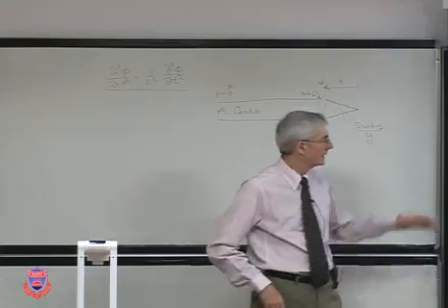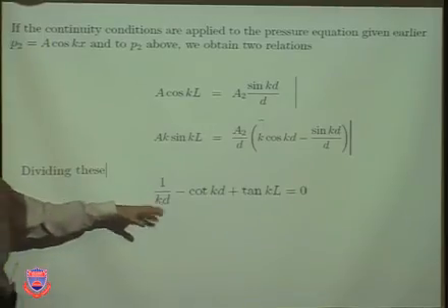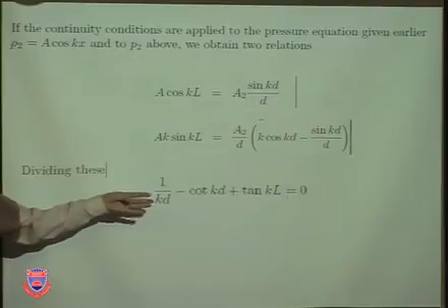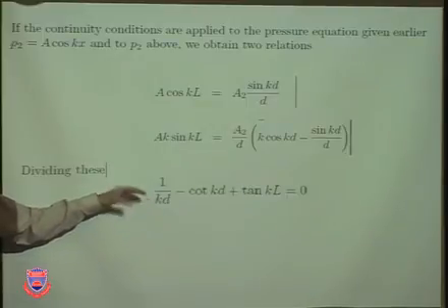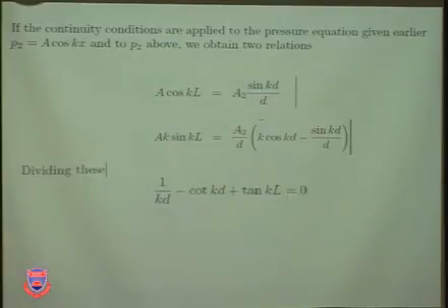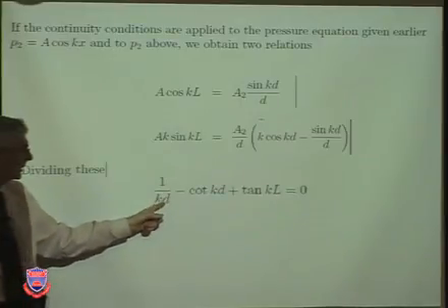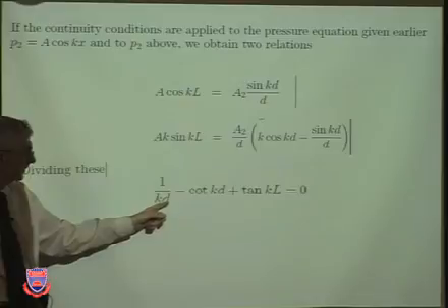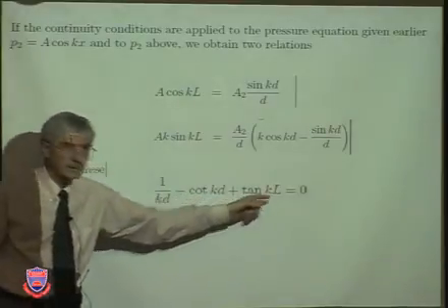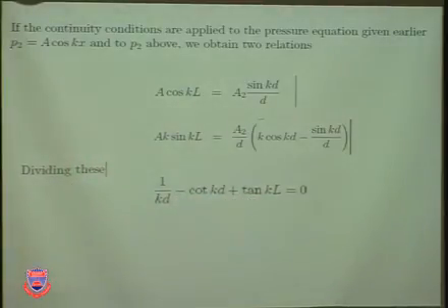Okay, this is what's called the eigenvalue equation, but it gives us the resonances in a tube like this, and the resonances depend on KD or D and L. That's simply.